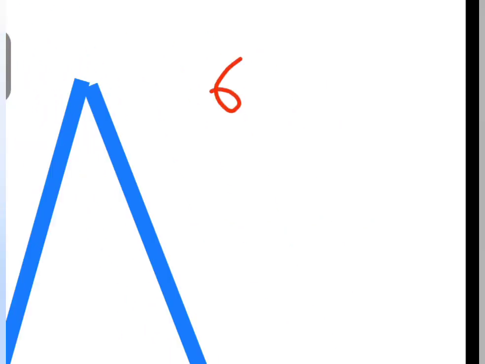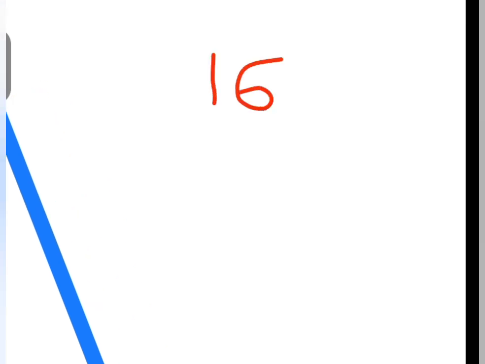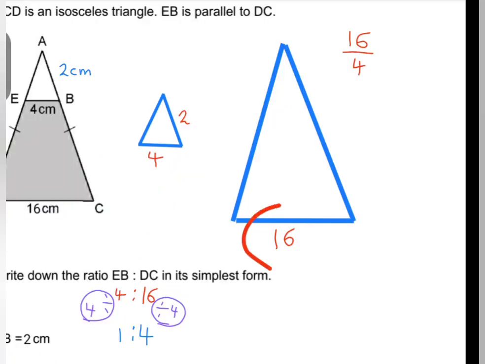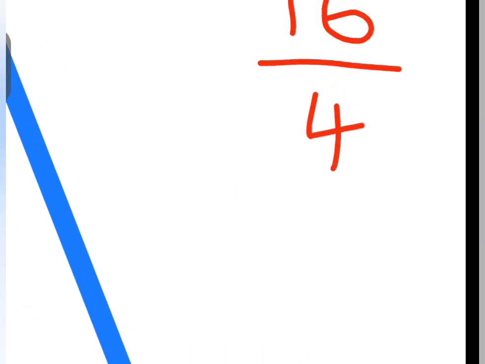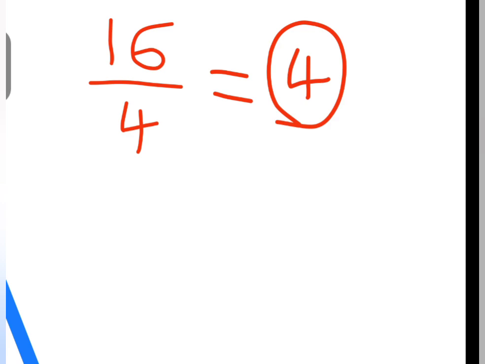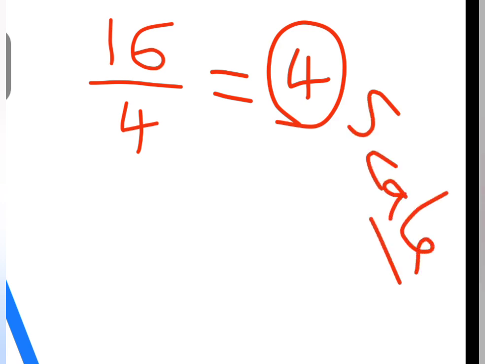Now the first step, as we said, we divide 16 by 4. We divided this by this because both of them are corresponding sides in which both of them are bases of different triangles. Now, after dividing 16 by 4, the answer will be what? Good job. It's 4. So the scale factor is 4.